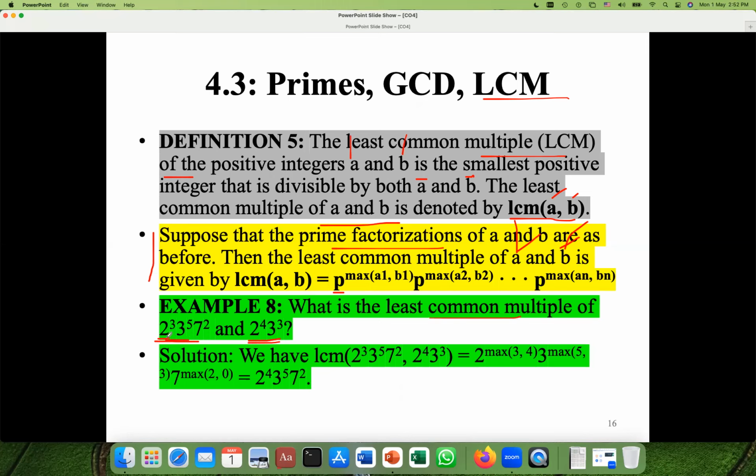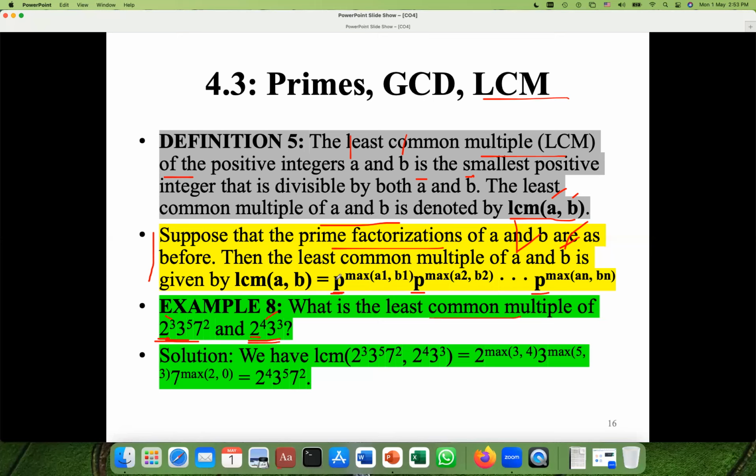This 2 and this 2 which is here, which is common, you represent that 2 with P. So this P is a prime factor, and so on. They are multiplying with each other. And what you have to do, for example, here the power is 3 and here the power is 4.